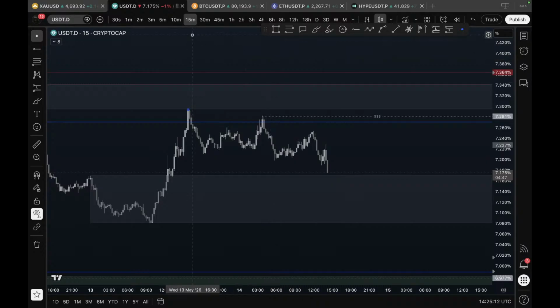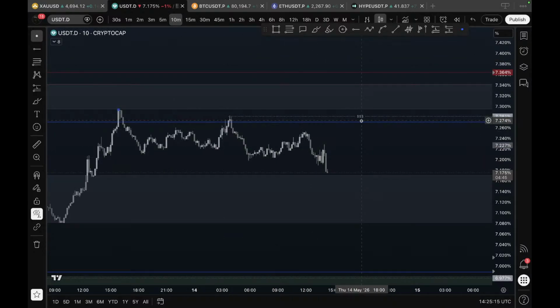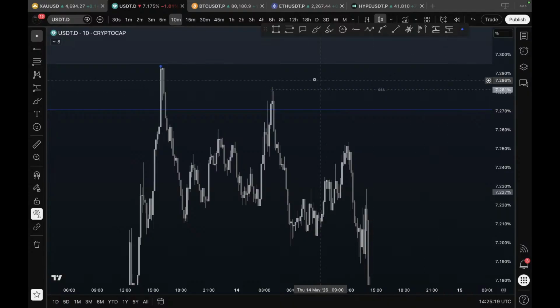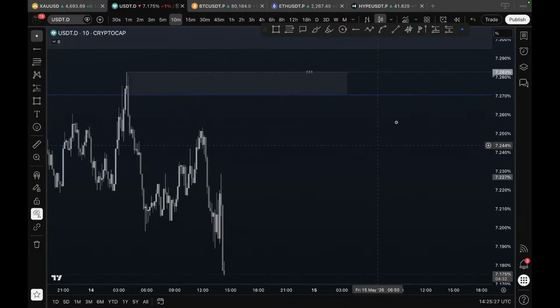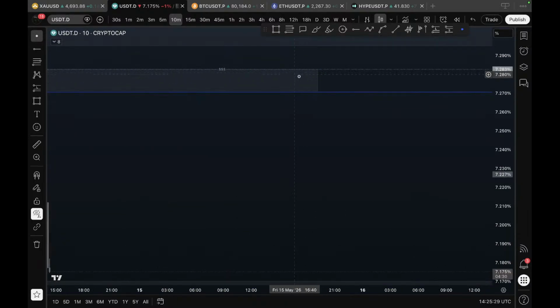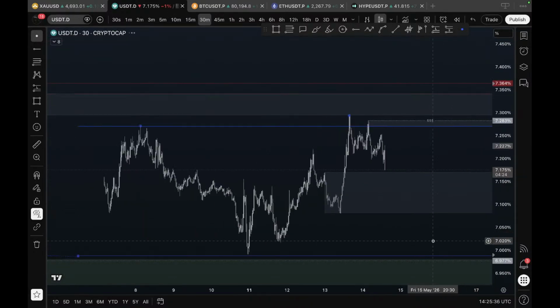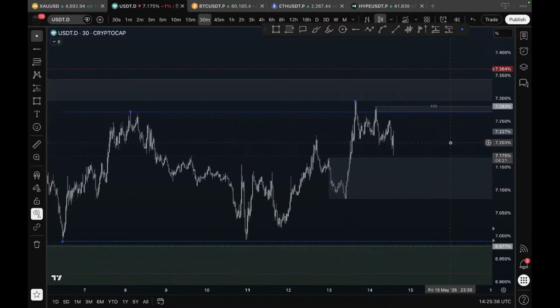But we do not have super clean supply. Yeah, in the top of this move, there's some supply. But USDT has been a cleaner outlook compared to Bitcoin to me. So what I'm looking at here is that we broke 15 minutes back to bearish.